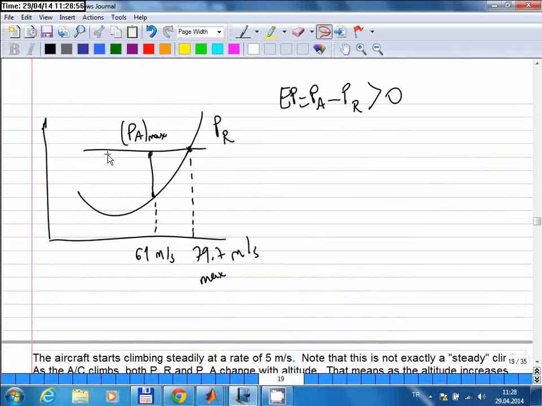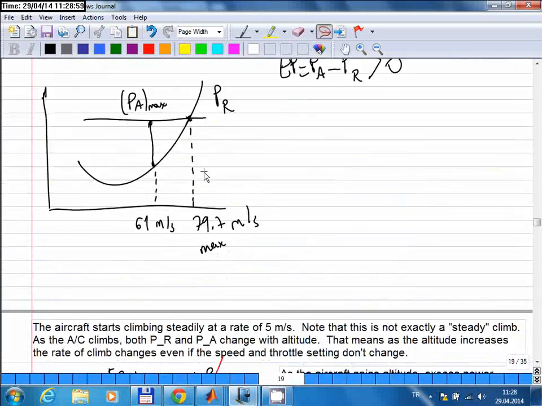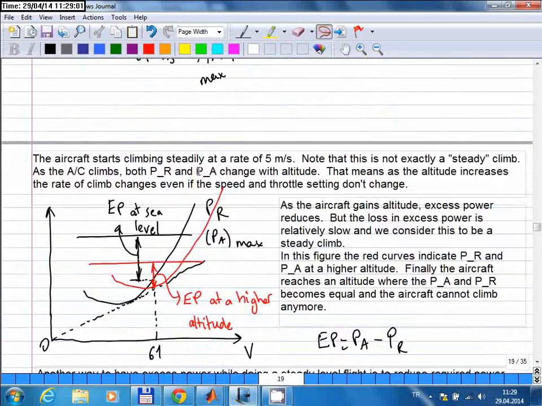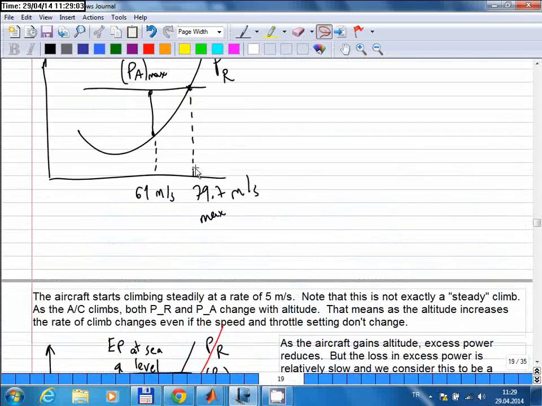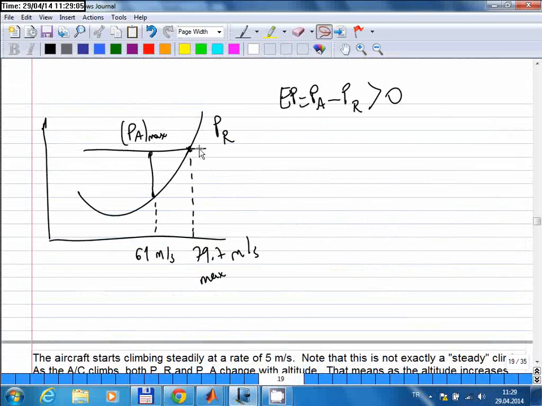So effectively, it will be doing what I just said earlier. So as soon as he tries to climb, the speed of the aircraft will be going down, and that will reduce the required power. And then, since the engine is still running at full power, there will be some excess power produced, and that excess power will allow the aircraft to climb.